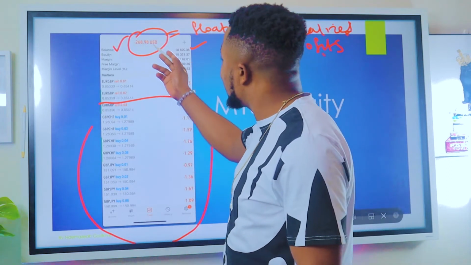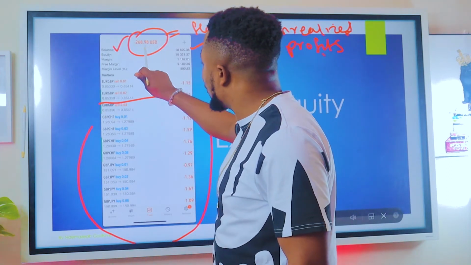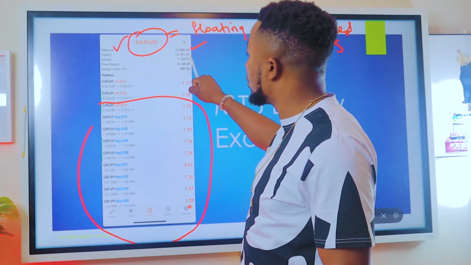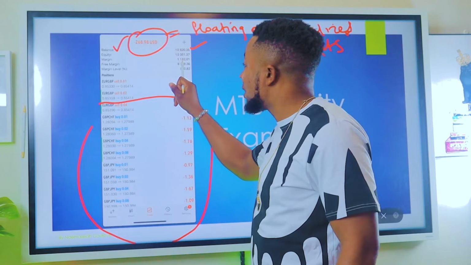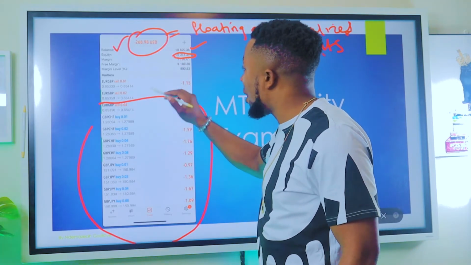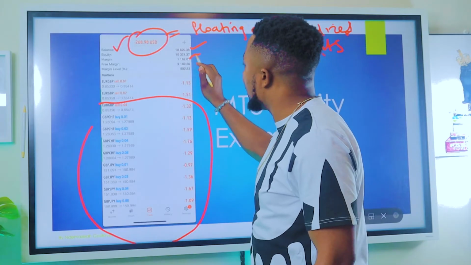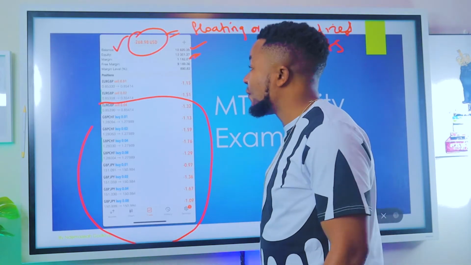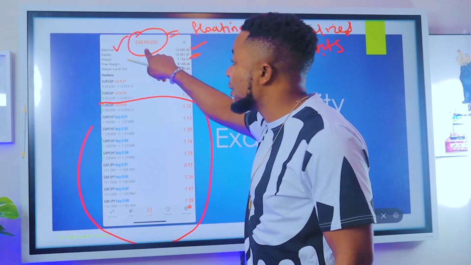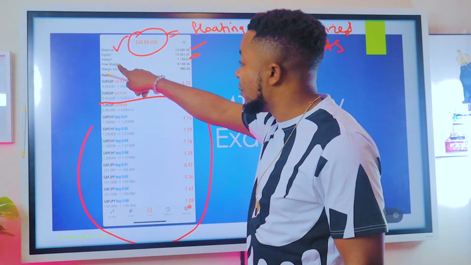Since it is negative, if I subtract $268 from $10,620, I'll have $10,351. So my equity here is $10,351, because my unrealized loss has been subtracted from my available balance.